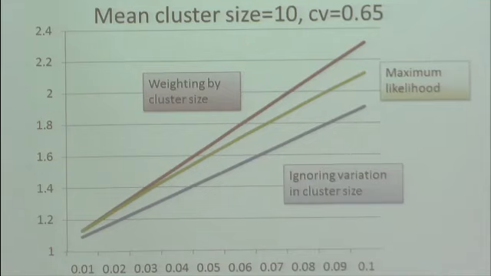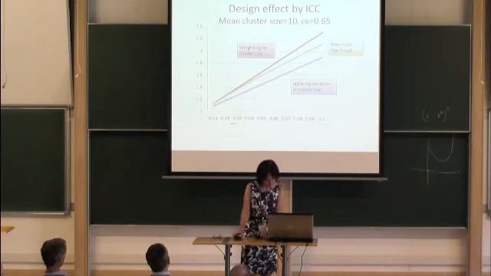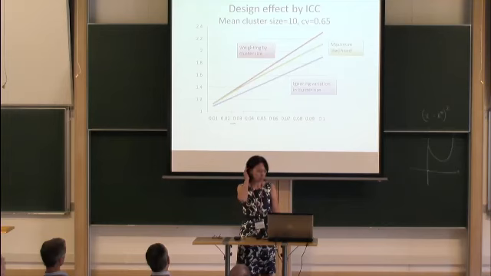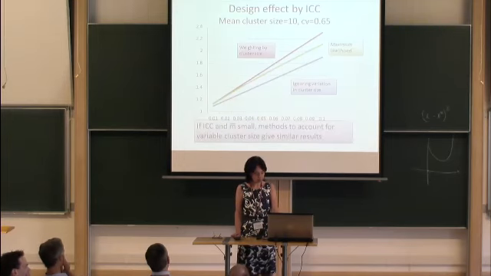When your mean cluster size is larger, then these two things diverge, but they also diverge as your ICC becomes larger as well. So the discrepancy between those two depends on a number of things, but if you've got relatively small cluster sizes, then the two methods don't give very different results.